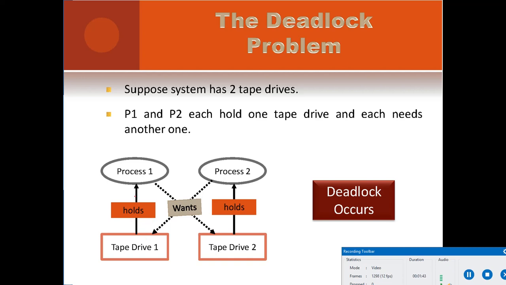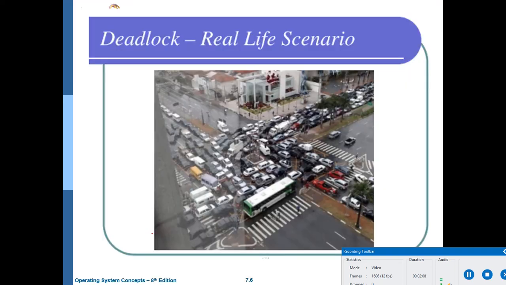Process 1 holds tape drive 1 and wants tape drive 2 to complete its work. Similarly, process 2 holds tape drive 2 and wants tape drive 1. So none of the processes will be able to complete its work, because the resource they need is being held by the other process. This is a situation of deadlock.